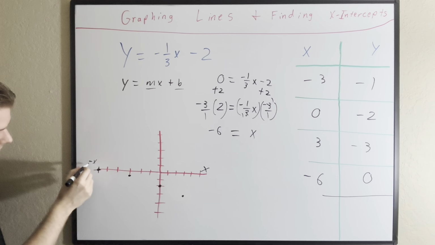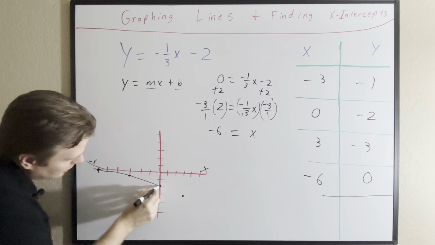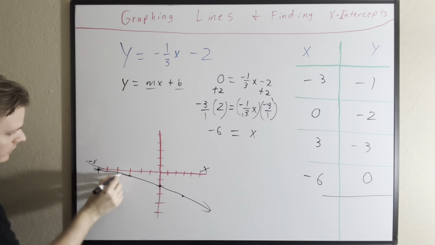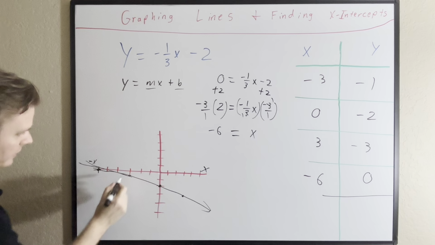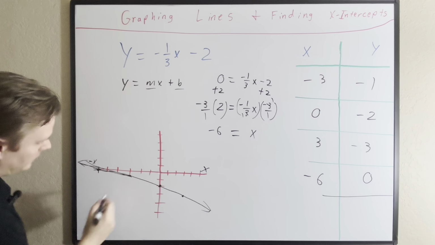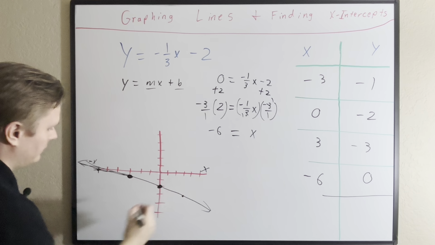It's not a very steep line, is it? That's close enough. Not a very steep line at all. That's a terrible drawing by me. Close enough, though. Just make sure the dots are visible.